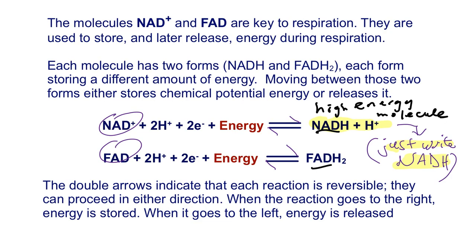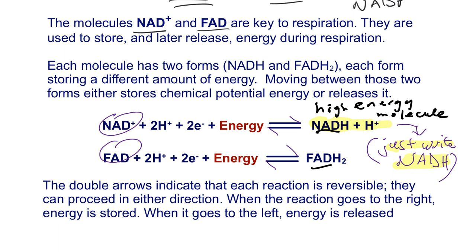When we get into the reactions of respiration, we have two other ATP-like molecules, like batteries, that can be charged up and discharged and then charged up again. Do you remember we had NADP in photosynthesis? It's like that, but it's NAD and FAD now in respiration.